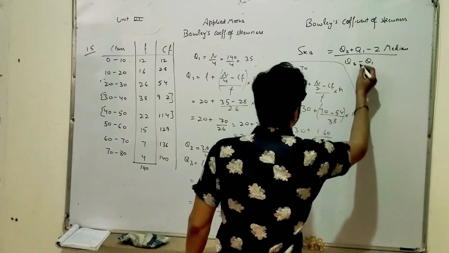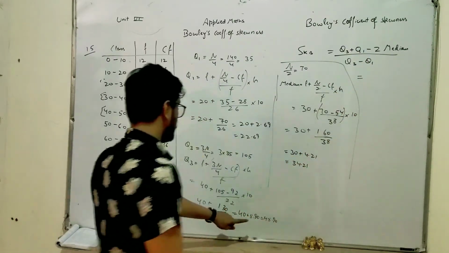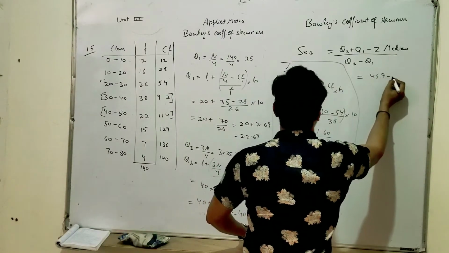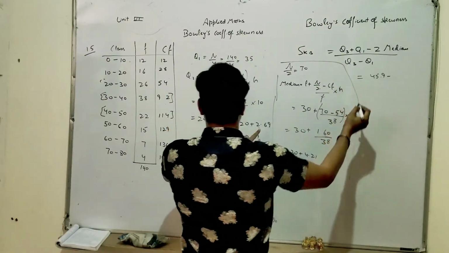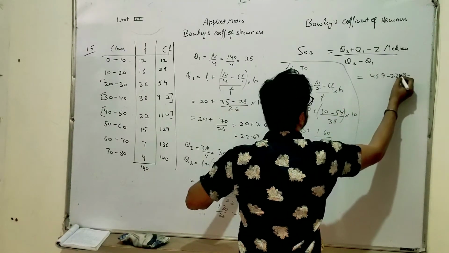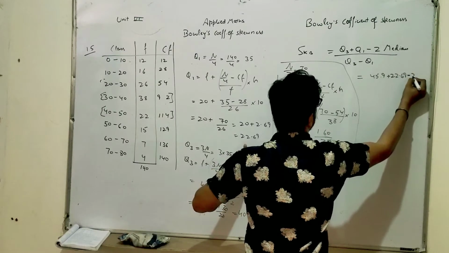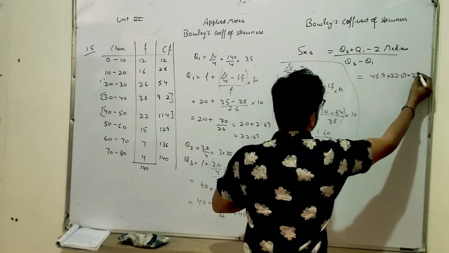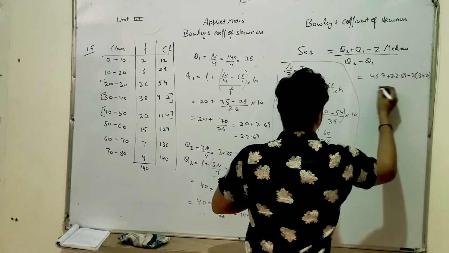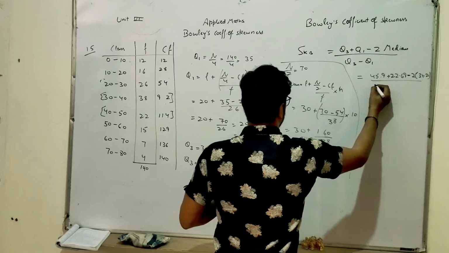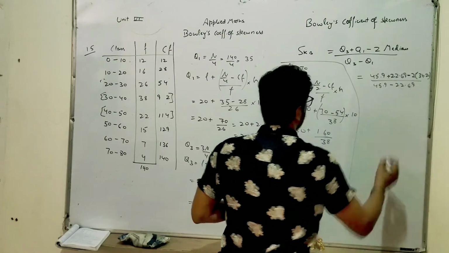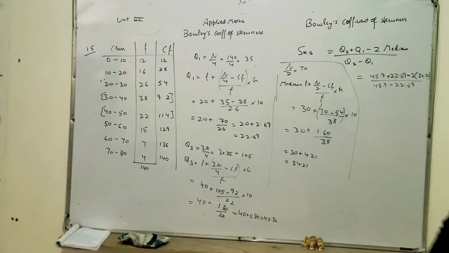Now we have to find out Bowley's coefficient of skewness. Just put the values into the formula. Q3 is 45.90 plus Q1 is 22.69 minus 2 times the median, 34.21, divided by Q3 minus Q1, which is 45.9 minus 22.69.